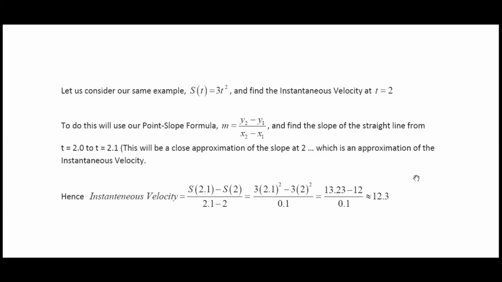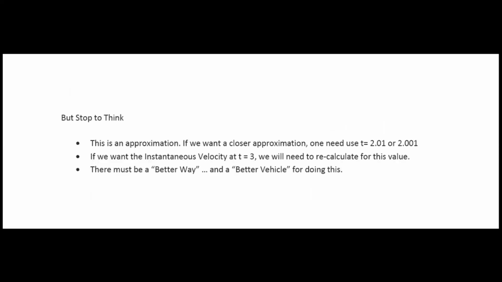Now, this is not the true instantaneous velocity. It's an approximation of the instantaneous velocity at t equal 2. If we wanted a closer approximation, then we would need to take, instead of 2.1, maybe 2.01, or even better, 2.001.